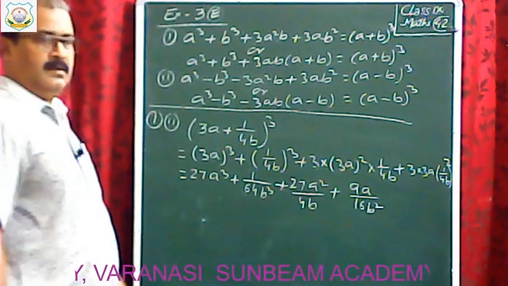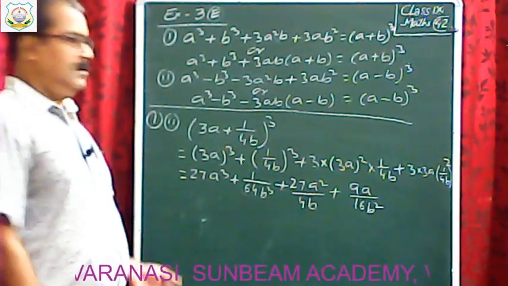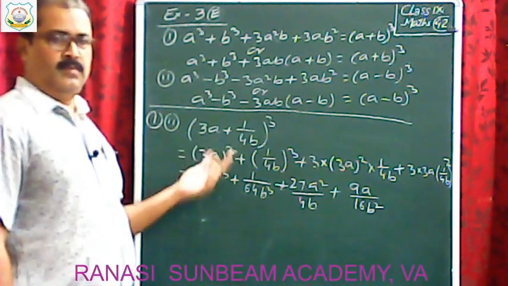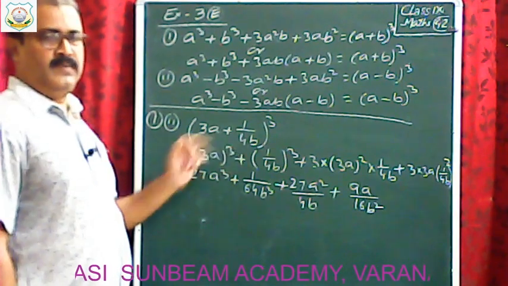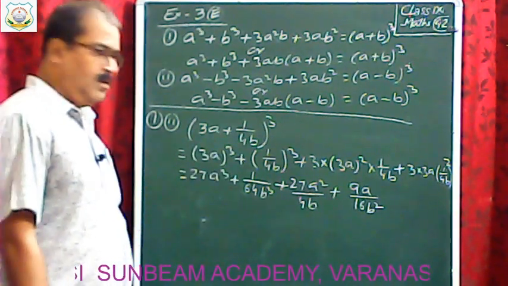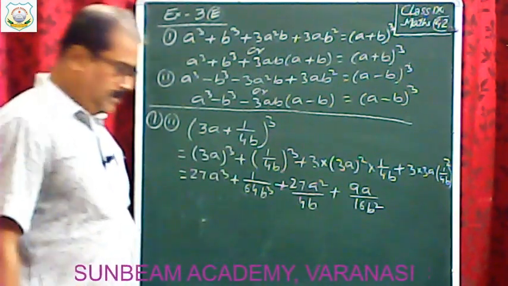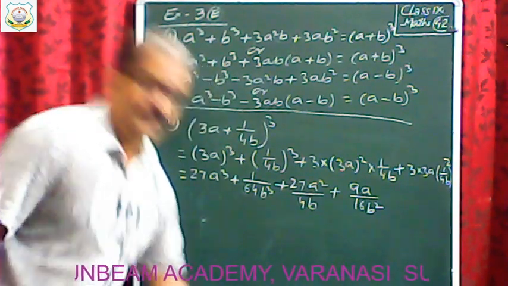That's all. Only expand. The form is given, cube of binomial given. According to the identity, we have to identify the parts a and b, and accordingly you have to follow the identity. Simplify, you get the expanded form.